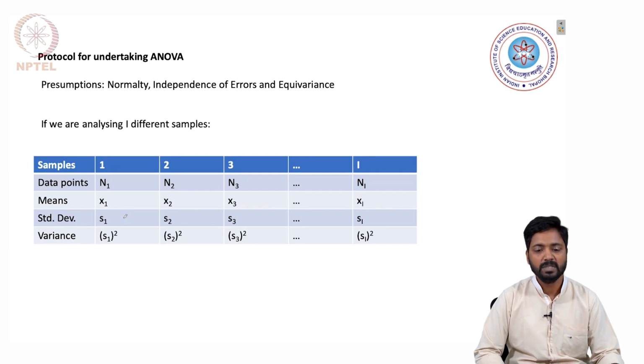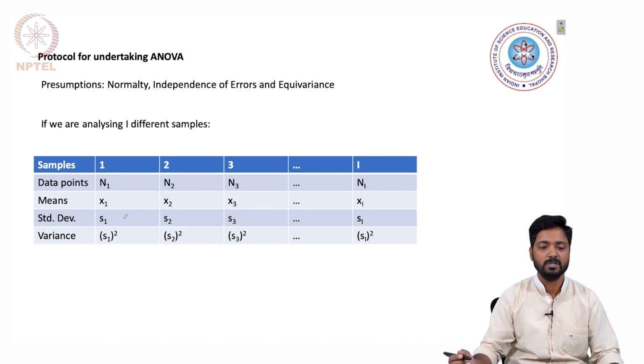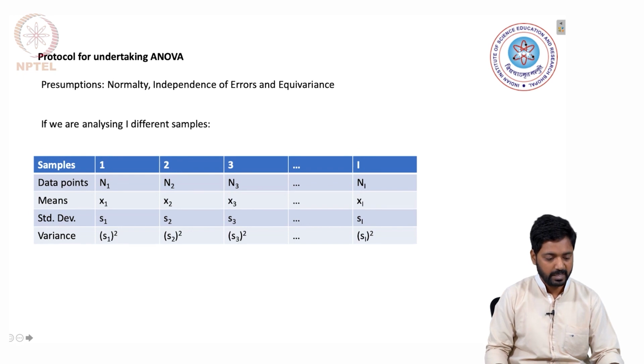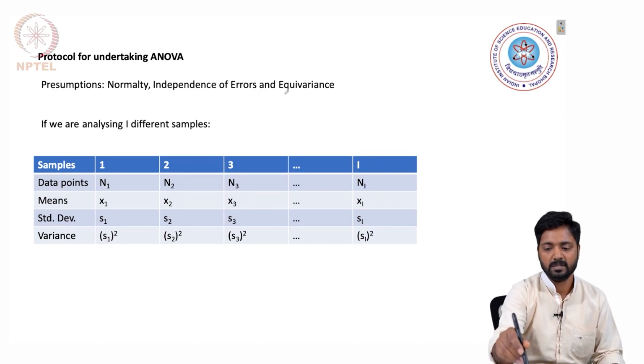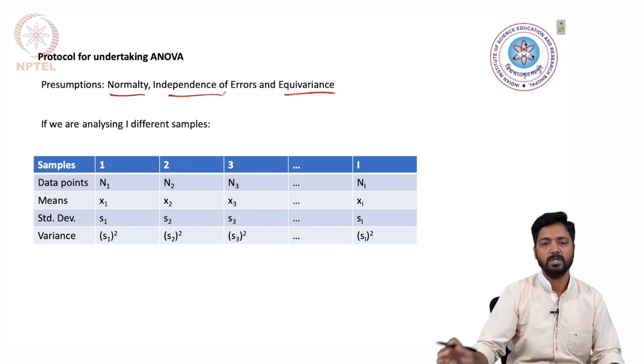Please remember that we still have our original presumptions: that there is normality, there is independence of error, and there is equivariance. So these three presumptions still hold for us.